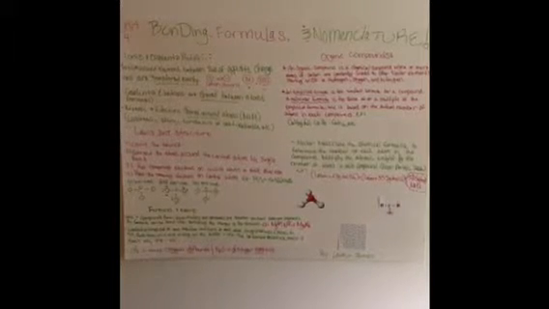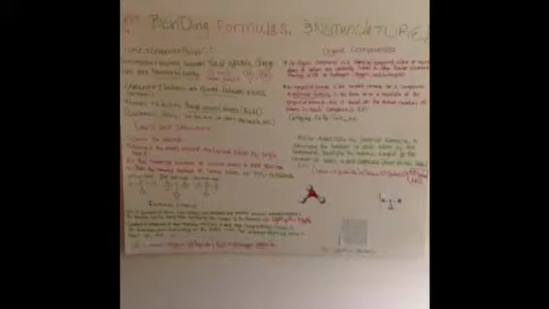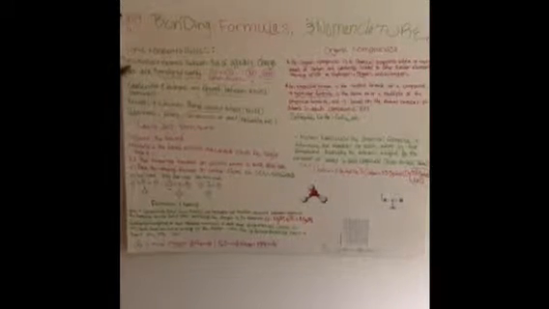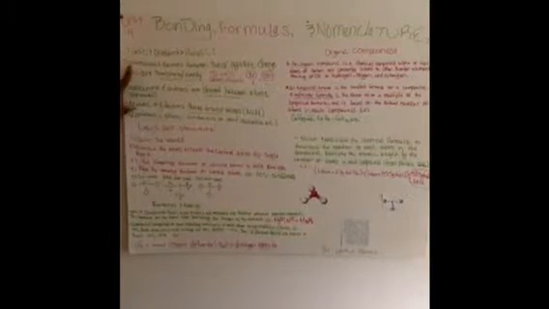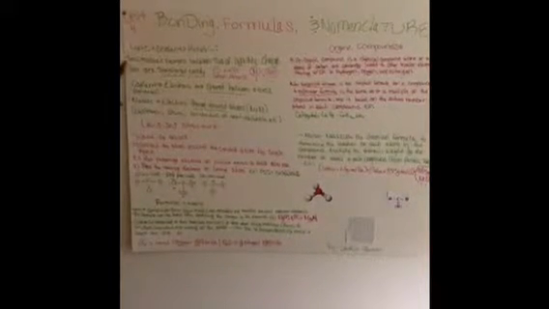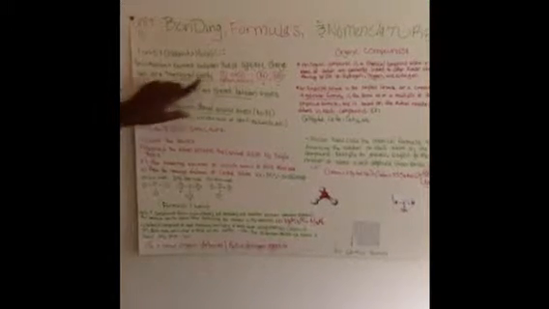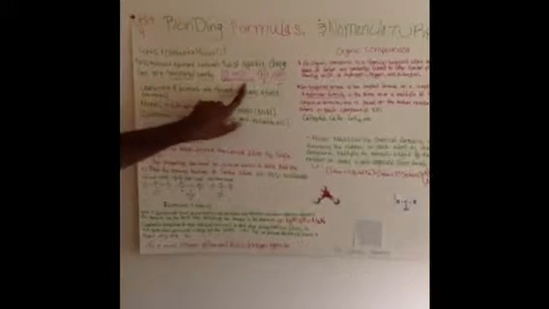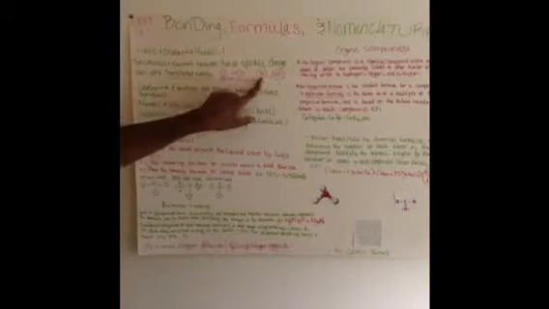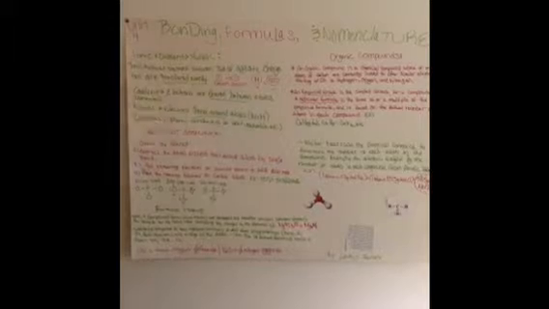Determining between ionic, covalent, and metallic bonds goes like this. Ionic is valence electrons transferred between two oppositely charged ions, and you can see cations, anions, metals and nonmetals, plus, minus, positive, negative.